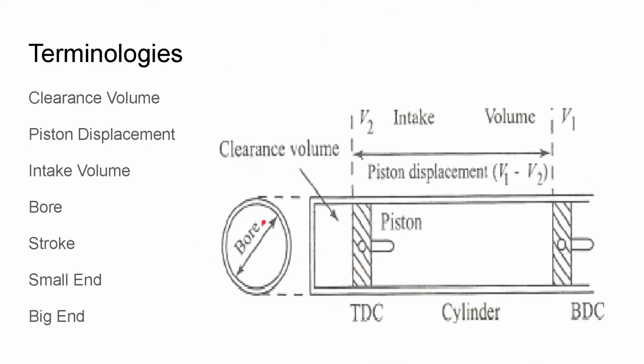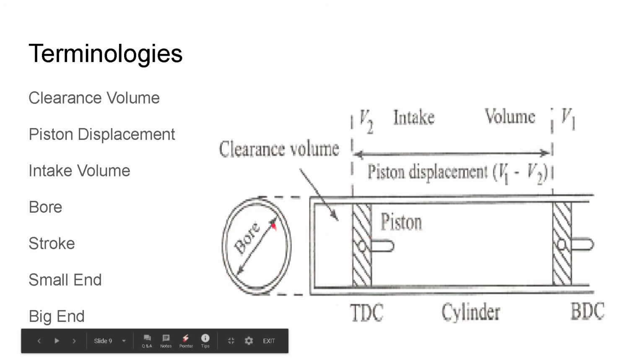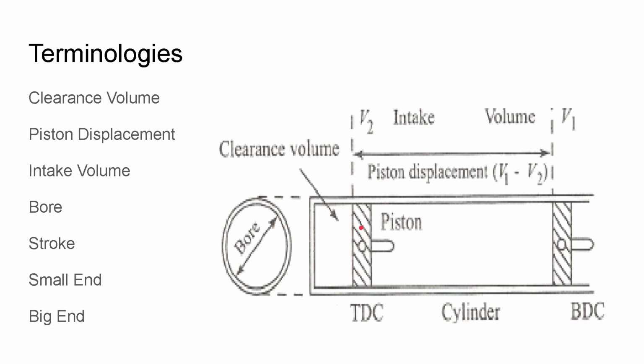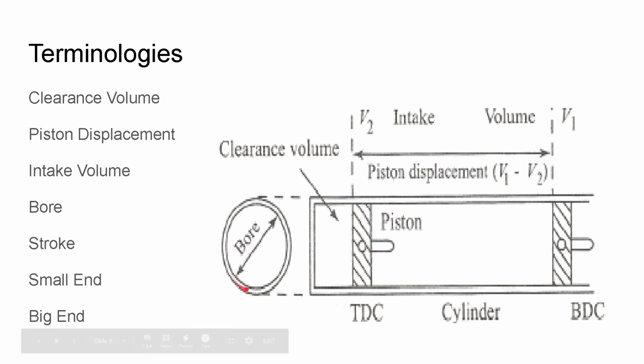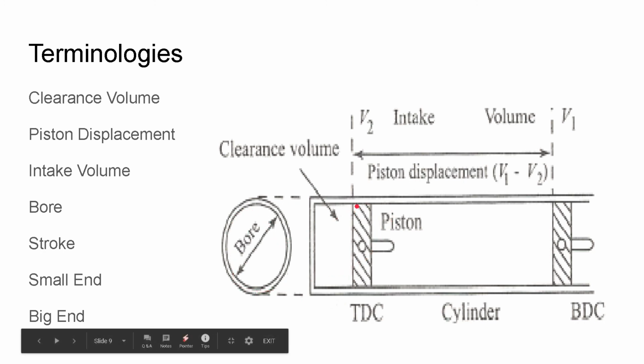Bore is the inner diameter of our cylinder or of the combustion chamber, and there is a small clearance kept between the outside diameter of our piston and the inner diameter of our cylinder, but that is very small, while the piston rings have no clearance between the inner surface of the cylinder and the outer surface of the rings.